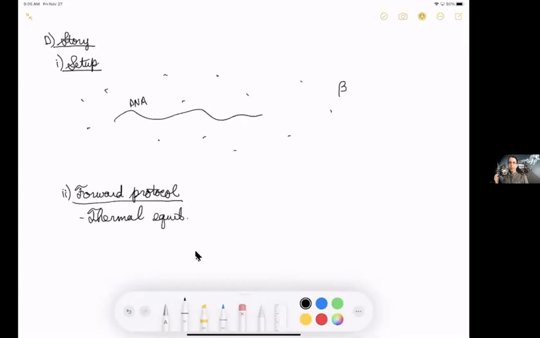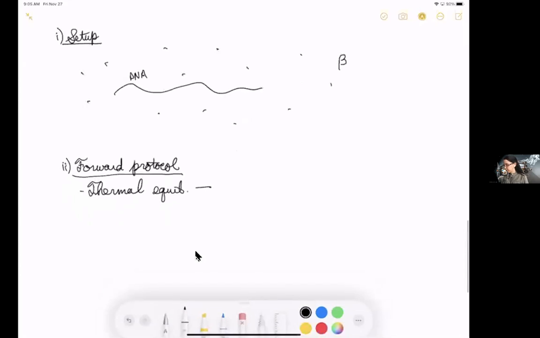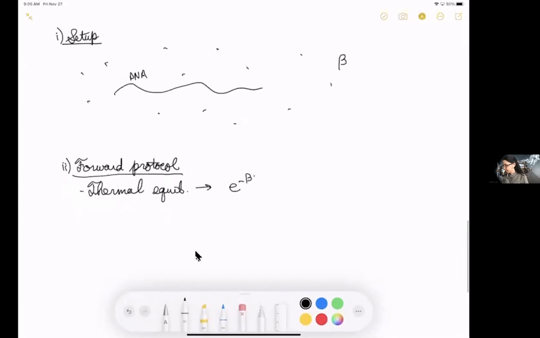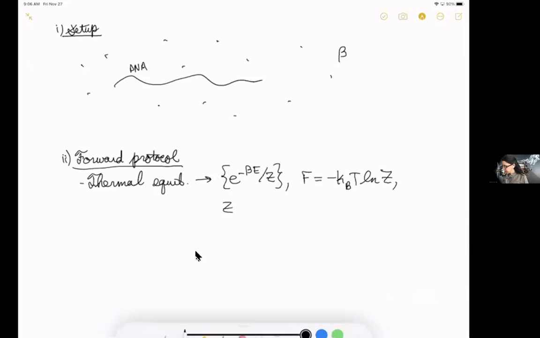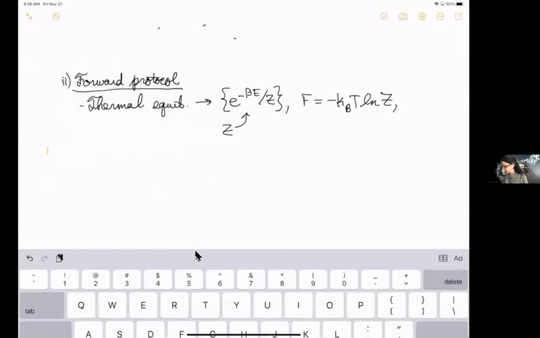So if it has a Hamiltonian or if it can have possible energies E, then it obeys the canonical distribution e to the negative beta E over the partition function. And this has an equilibrium free energy that's a Helmholtz free energy that has this form, wherein the partition function is defined in terms of these Gibbs factors.